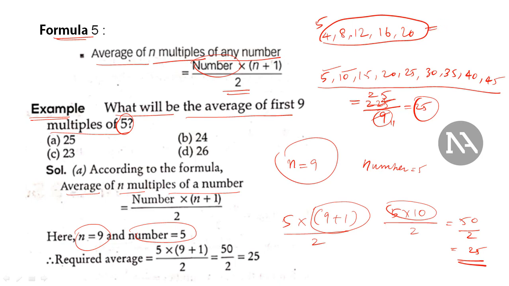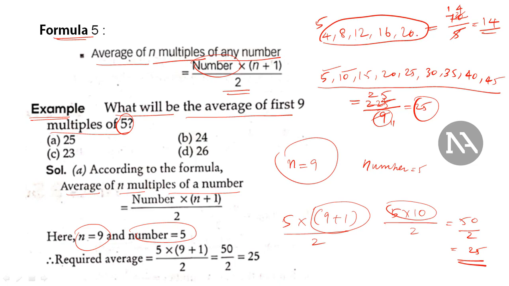So 4 plus 8 is 12, 12 plus 12 is 24, 24 plus 16 is 40, 40 plus 20 is 60, 60 divided by 5. Because the numbers are 5, 1 5 is 5, then remainder is 1, that is 10, so 2 5s are 10. So the average is 12.